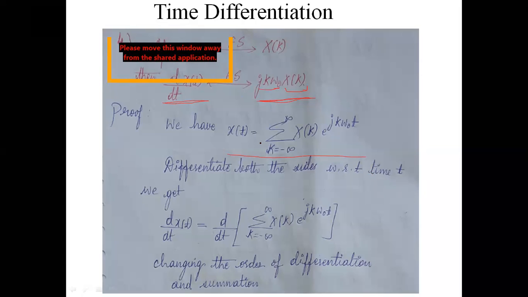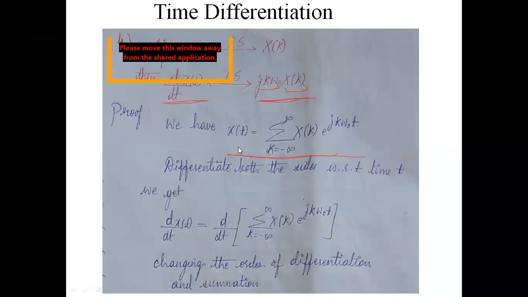To prove that, I have taken the expression for the periodic signal x of t. This is the synthesis expression for the Fourier series. x of t is given by the summation of k varying from minus infinity to plus infinity, x of k into e raised to j k omega naught t.